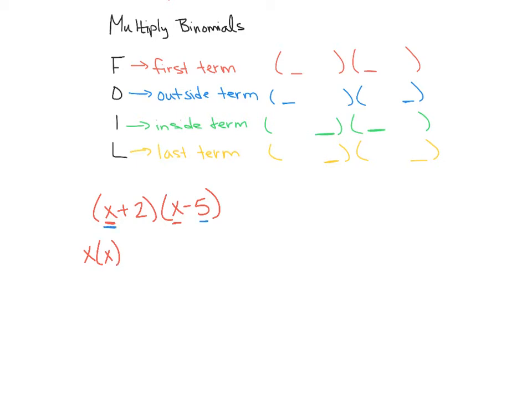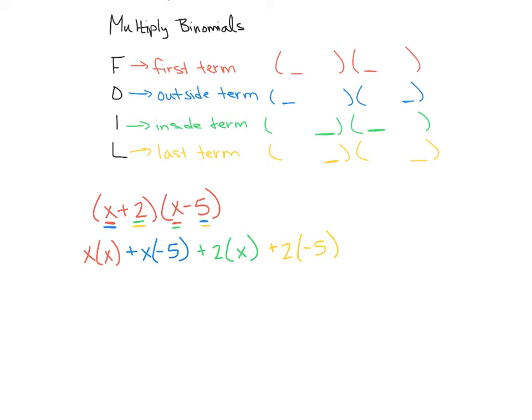So we have plus x times negative 5, because there's a negative in front of the 5. And we're going to look at our inside terms, plus 2 times x. And then we're going to look at our last terms, which is plus 2 times negative 5.